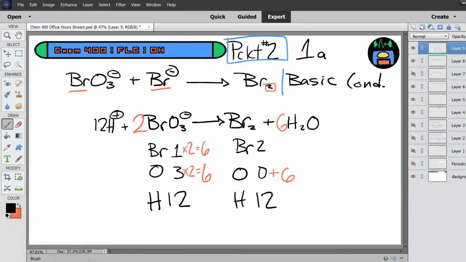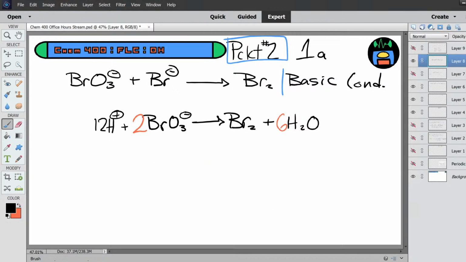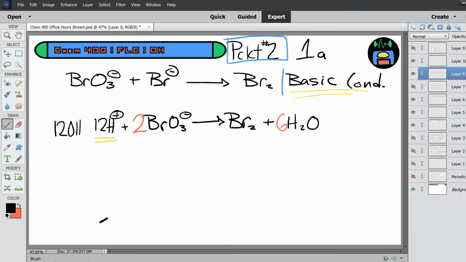All right? Our atoms are balanced, but we have a problem. And the problem is you cannot have hydronium ions under basic conditions. So the way that you switch from acidic conditions to basic conditions is you add 12 molecules of hydroxide to both sides of this reaction.